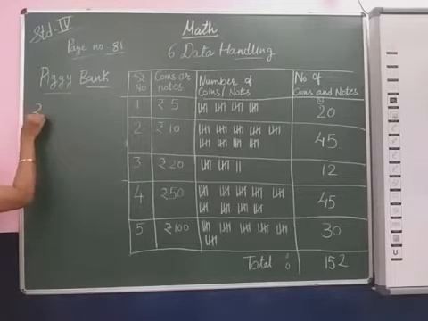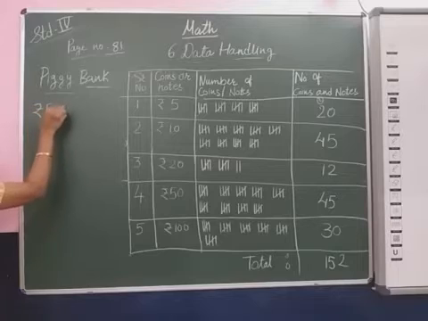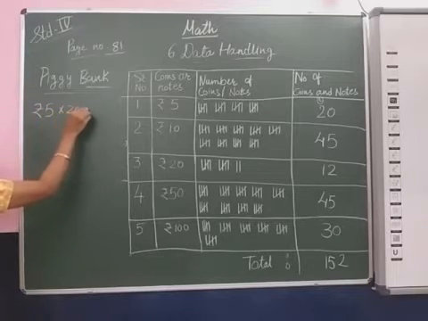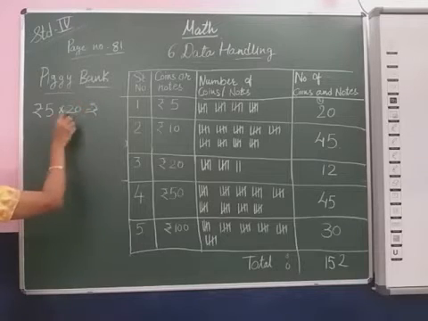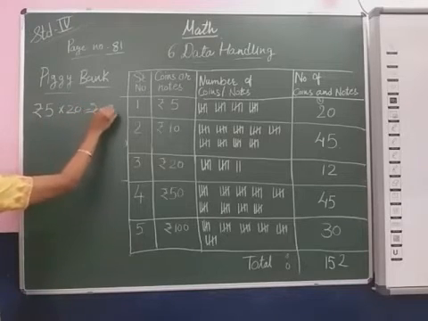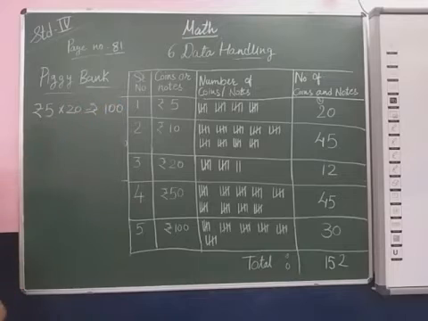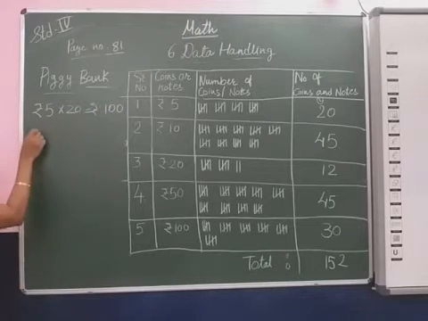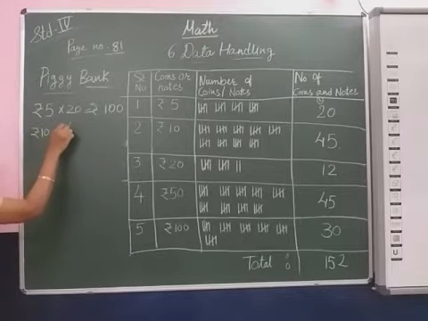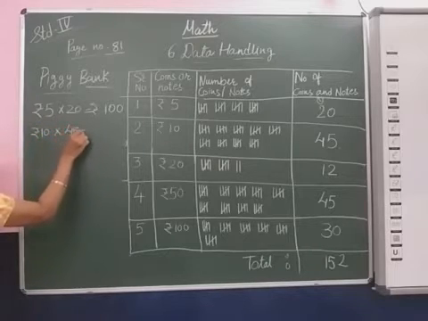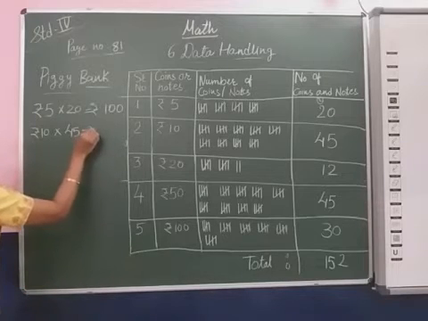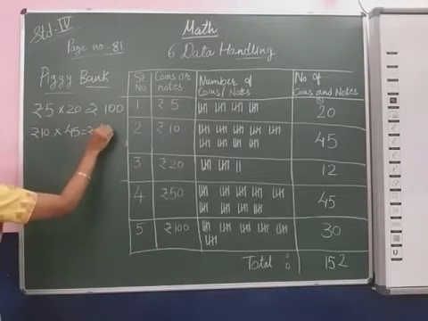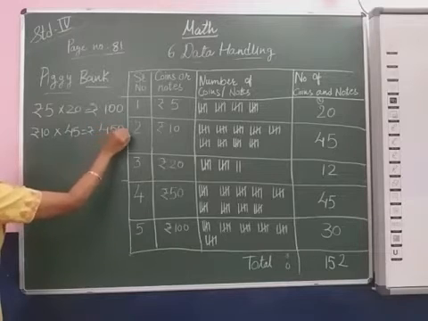Like rupees 5 multiplied by 20. So the actual amount he saved is 100 rupees. The next is the 10 rupee note multiplied by the total number of notes or coins, which are 45, and we count it as rupees 450.